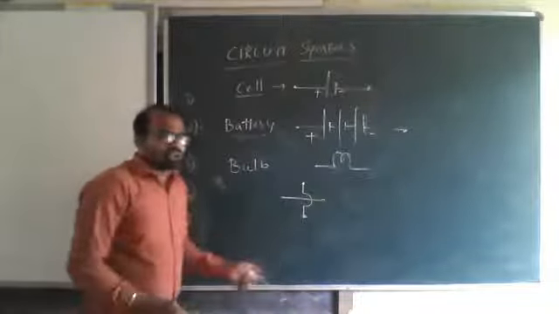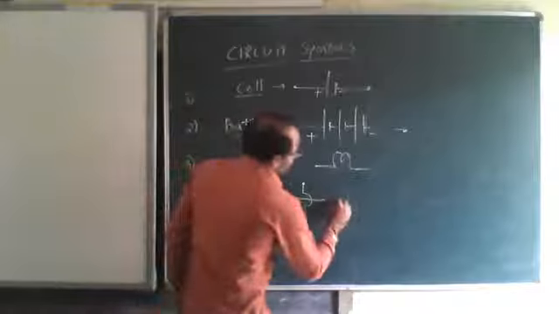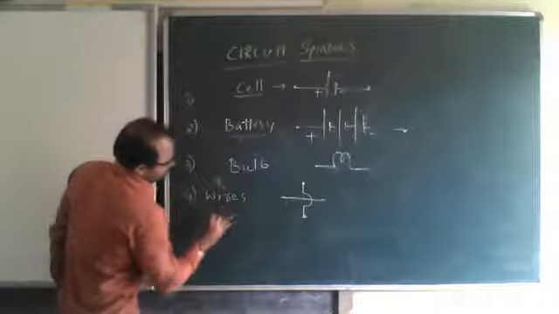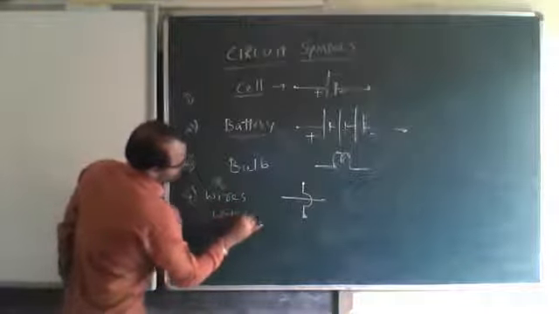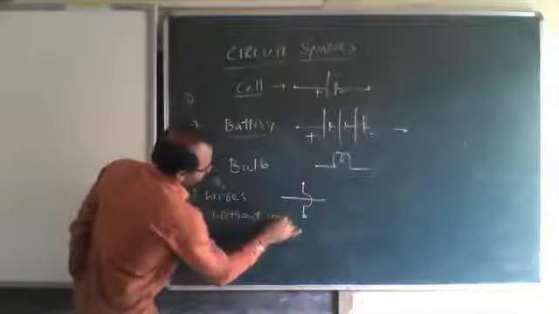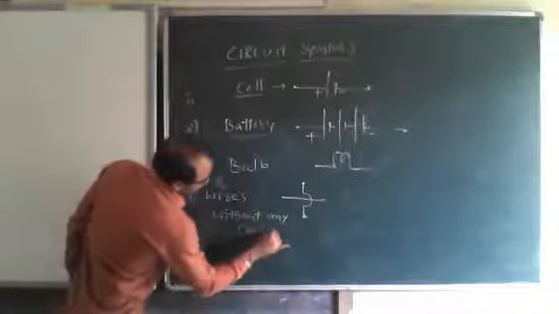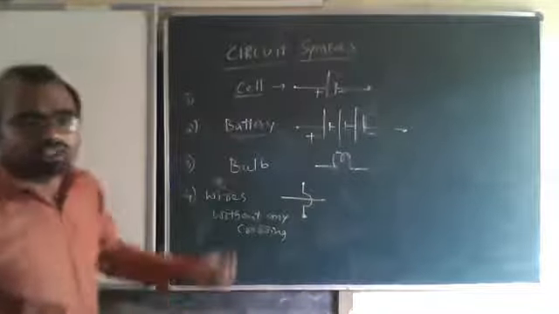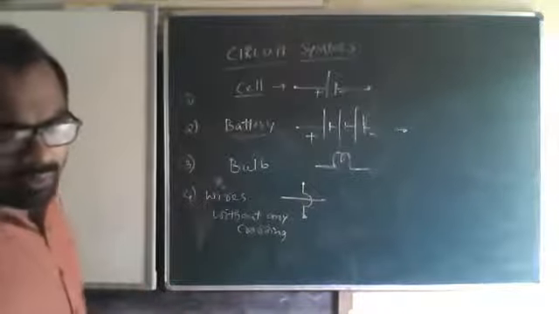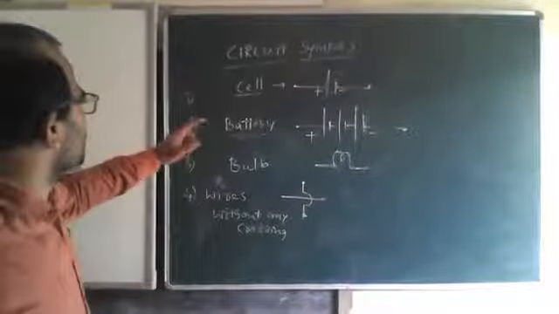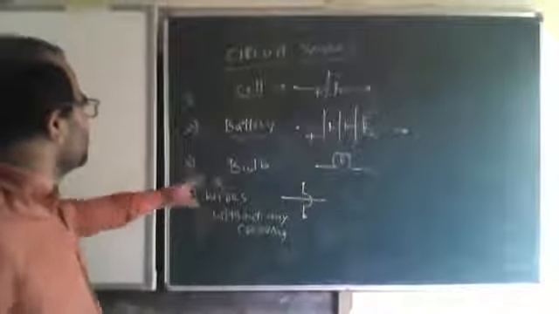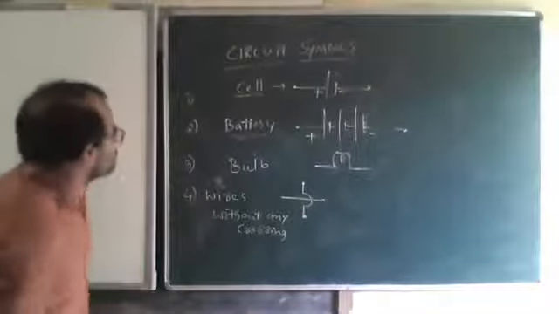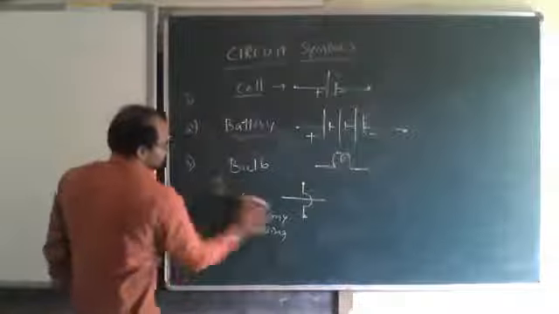So we call this wires without any crossing. Okay, these four you have to remember: cell, battery, bulb, and wires without any crossing. In the next part we will go on to remember more symbols.